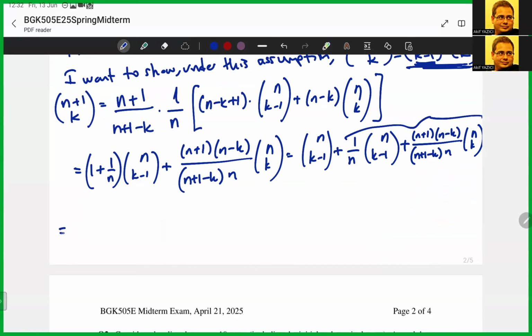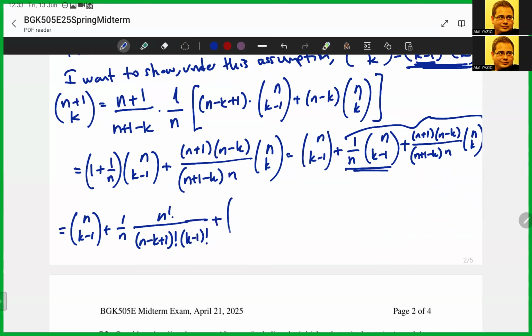And if I expand it, this here is 1 over n times n factorial over n minus k plus 1 factorial, k minus 1 factorial, plus the other term. Let me forget about that for a minute. And this here, I want it to become n choose k. So what can I do about that? Here I have n, so that's what I already want.